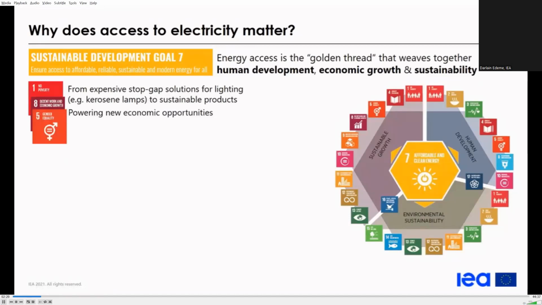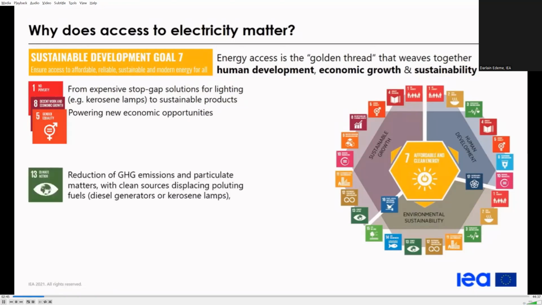Plus, there are many relations between energy and economic development related to SDG number 8, and also to opportunities for women and SDG number 5. There are also interlinkages with climate, and providing clean energy sources would displace polluting fuels such as diesel used in generators or oil products such as kerosene used for lighting.